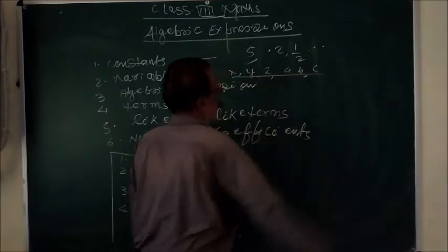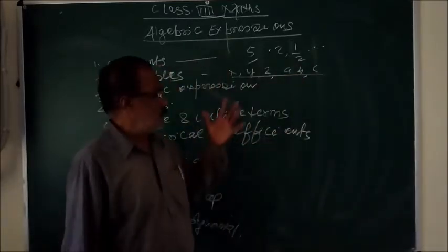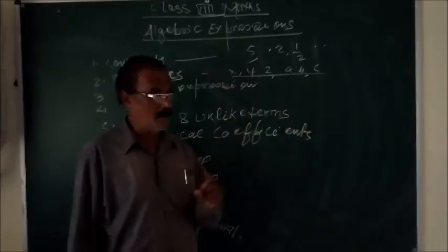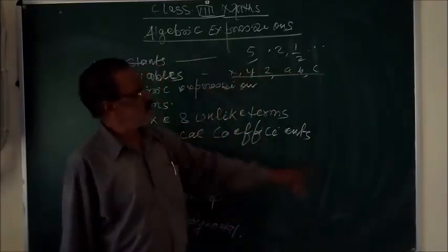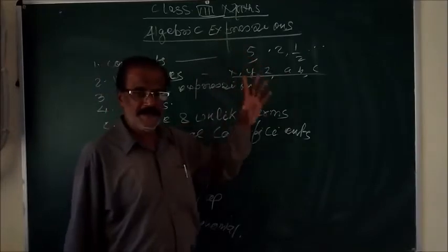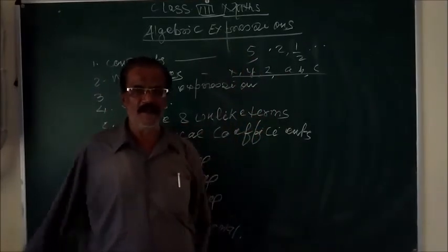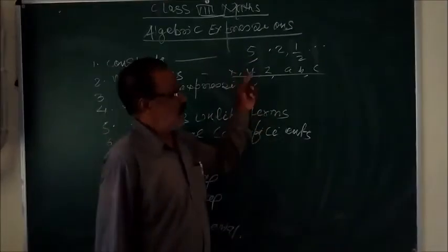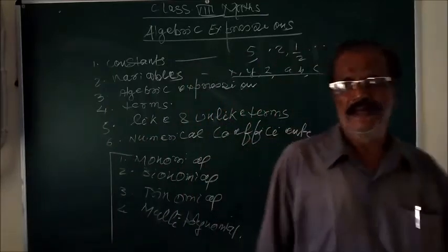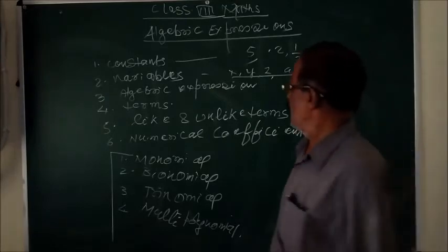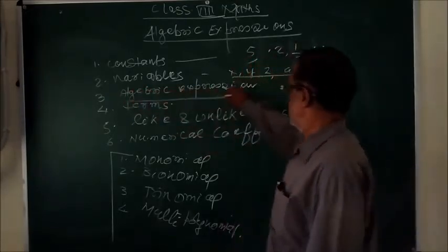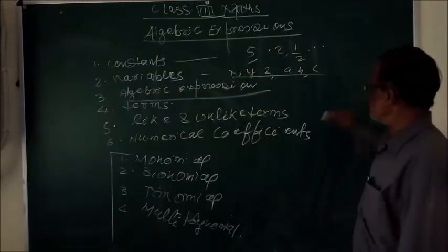These are called variables because we don't know the value of Y or X. And the quantities whose value does not change are called constants. Understand?